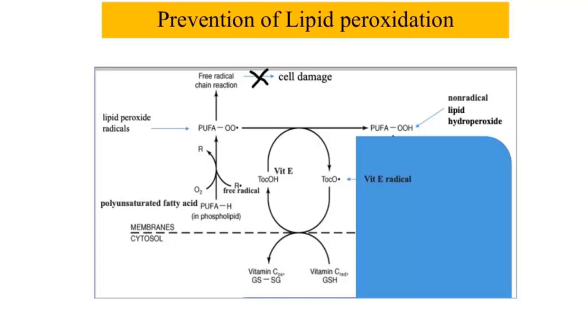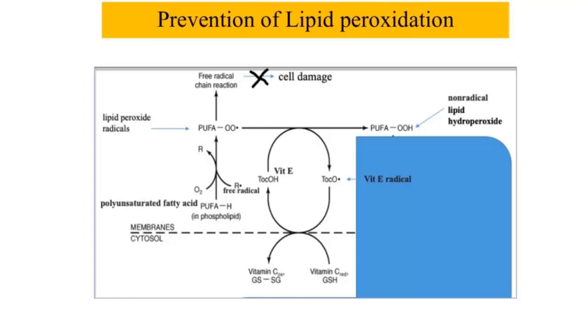It is formed by 3 amino acids, namely glutamic acid, glycine and cysteine. So, in this way, it helps in prevention of lipid peroxidation so that our cell membrane is not destroyed. This is the main function of vitamin E.